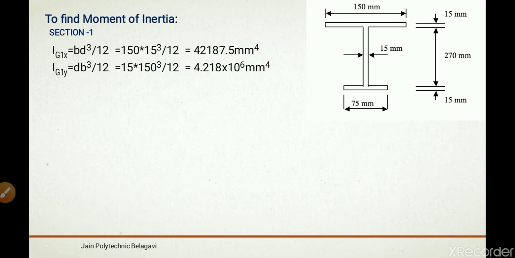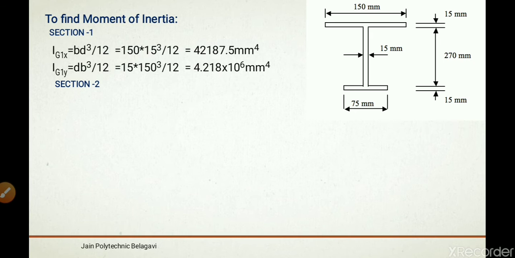Now the y axis for section 1. The formula is DB cube by 12, the reverse of BD cube by 12, right? So here it will be 15 into 150 cube by 12, which is 4.218 into 10 raised to 6 millimeter raised to 4. So these two are the moments of inertia about the x and y axis for section 1.